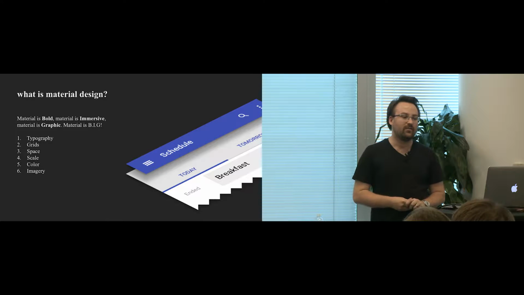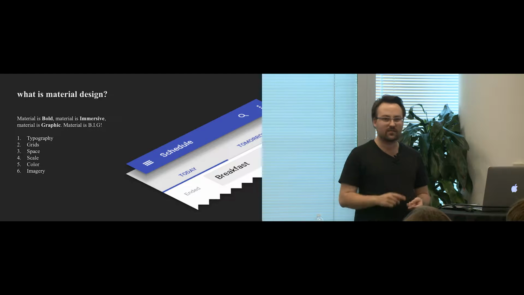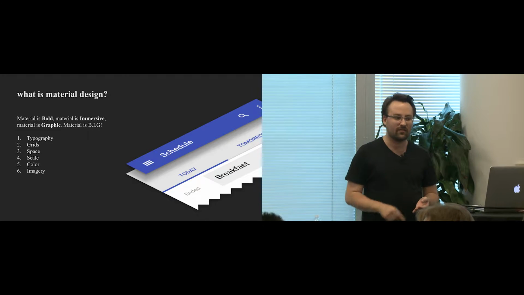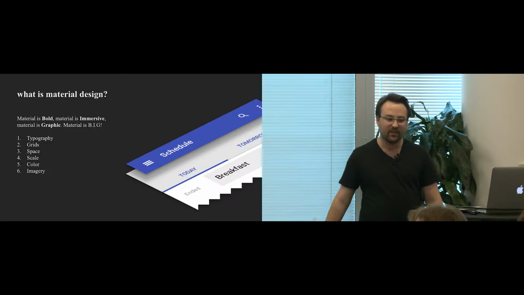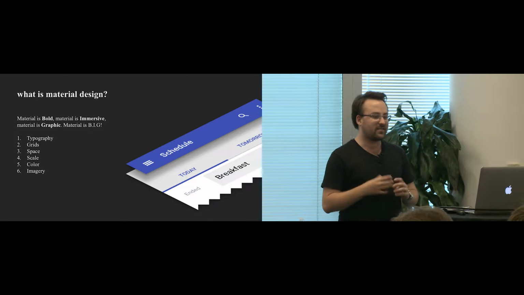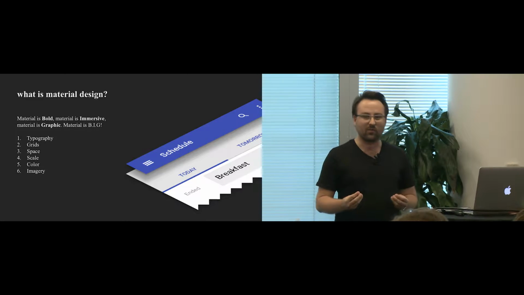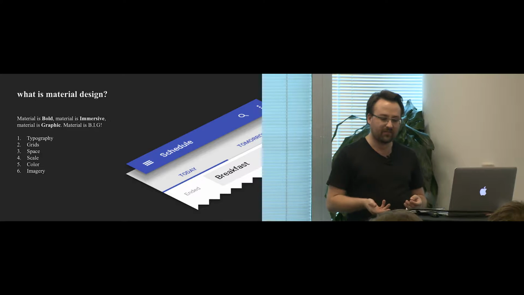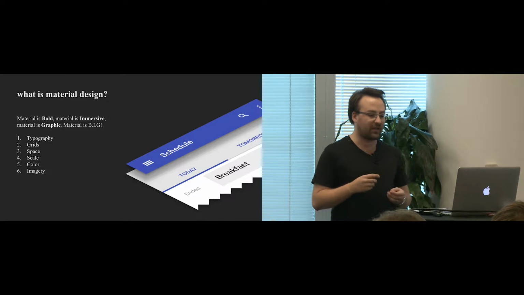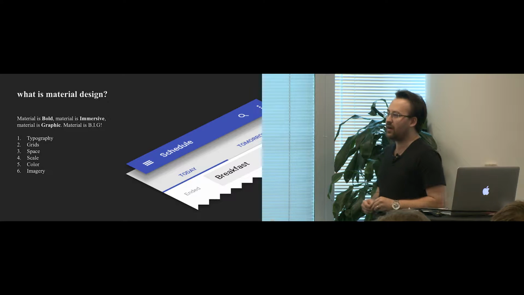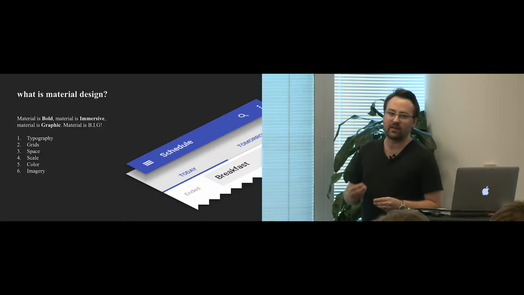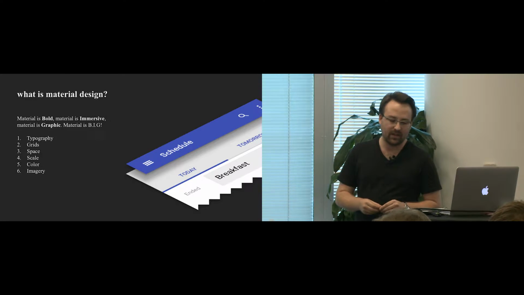We break it down to 6 main points, which are typography, grids, space, scale, color, and imagery. All 6 of these elements combined are what the user finds pleasing to the eye. They really help you create hierarchy, meaning, and they bring focus to your designs and your applications.